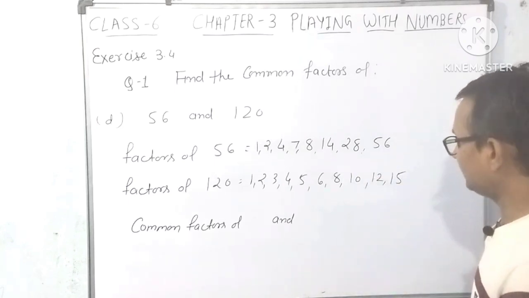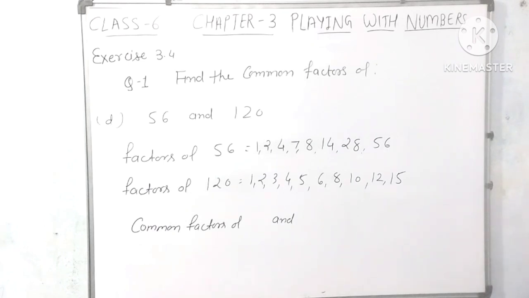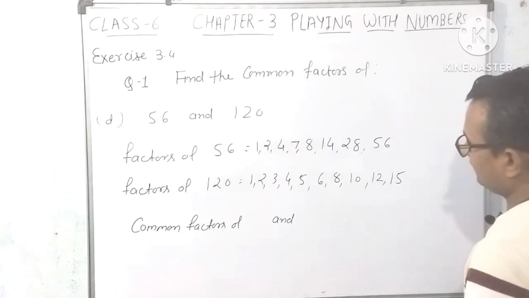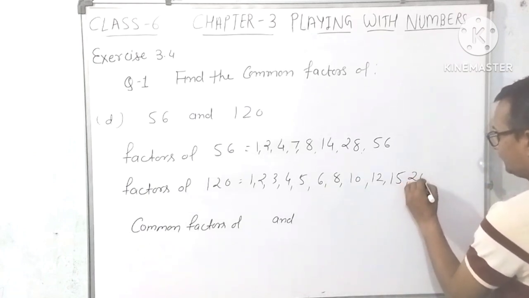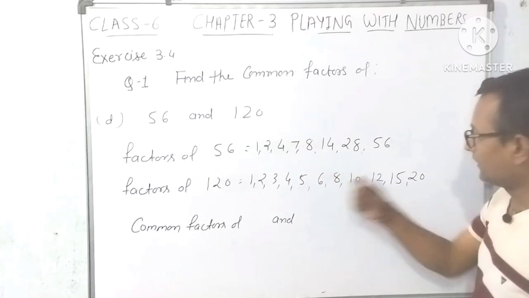Then 16, 17, 18, 19, 20, 6 twenties are 120.